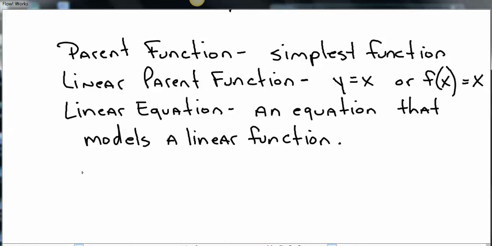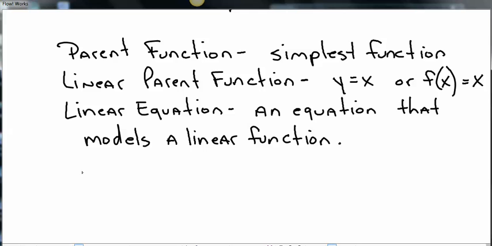In a linear equation, the variables cannot be raised to a power other than 1. So y equals 2x is a linear equation, but y equals x squared and y equals 2 to the x power are not. The graph of a linear equation contains all the ordered pairs that are solutions of the equation. That's pretty important.